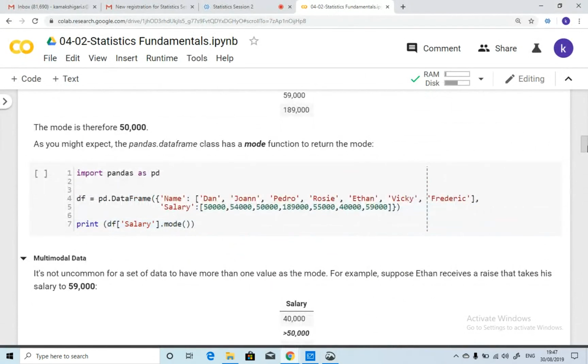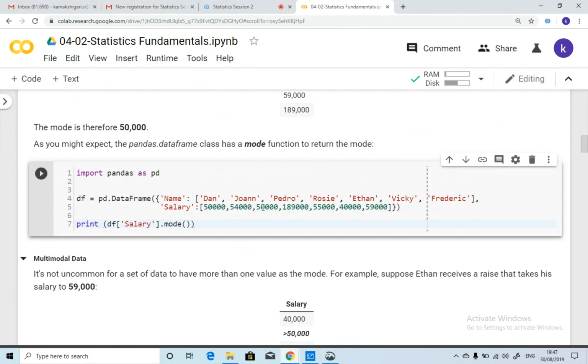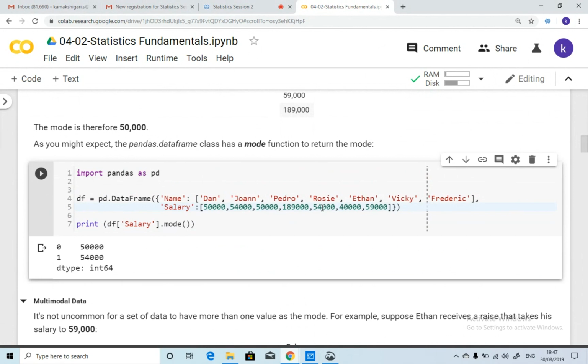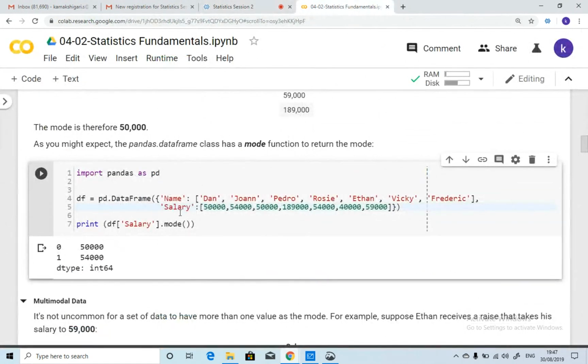Okay. Now let us see the mode. Vivek, you could see here, mode will give me both values. If a machine learning system gives me two modes, whether we need to take one, we will see next.